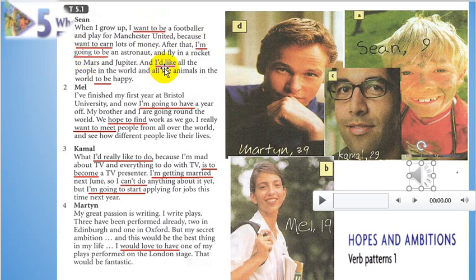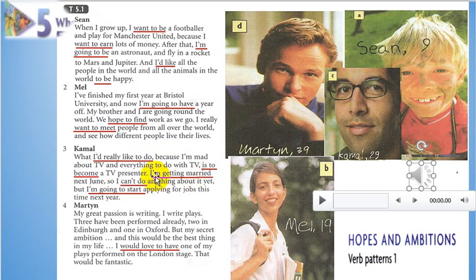I'd like to be: like, verb plus to plus infinitive. I'm going to: verb plus ing. Hope to find: verb plus to plus infinitive. Want to meet: verb plus to plus infinitive. I'd really like to do: also verb plus to plus infinitive. Is to become: also verb plus infinitive with to.